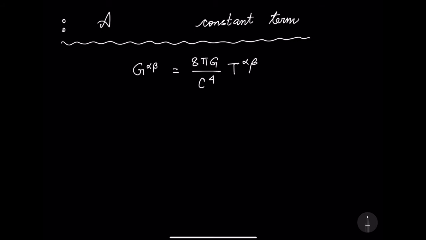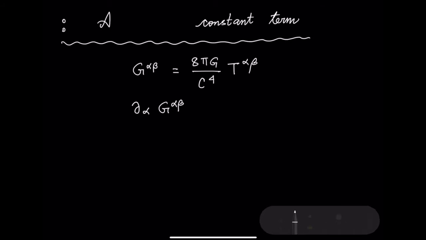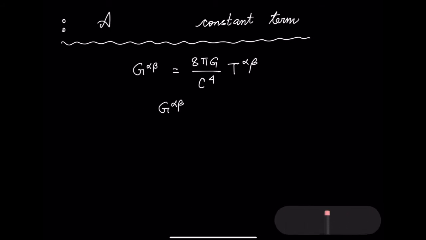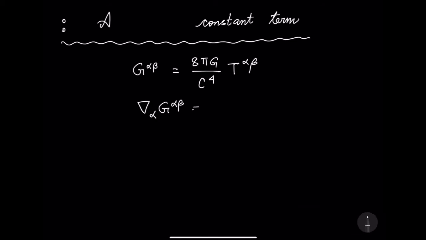Interestingly, we are in general coordinates. This equals 0. That's the Bianchi identity.